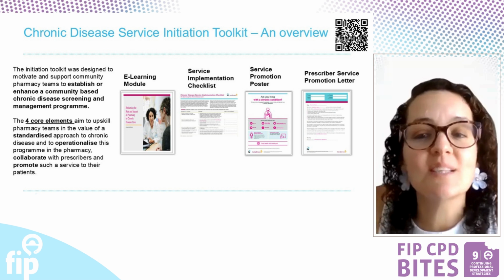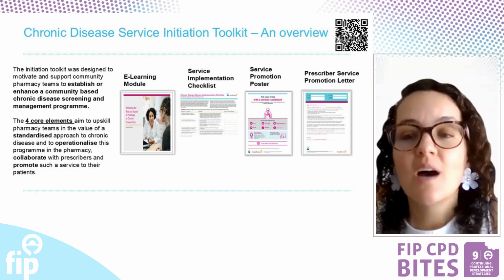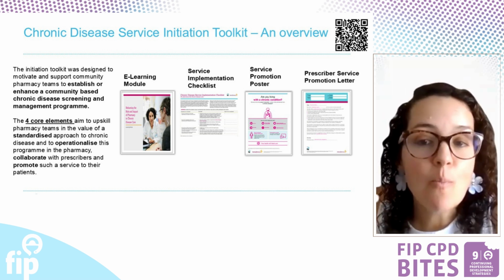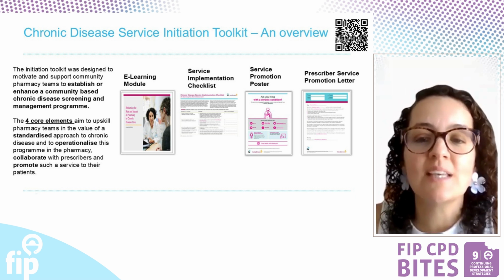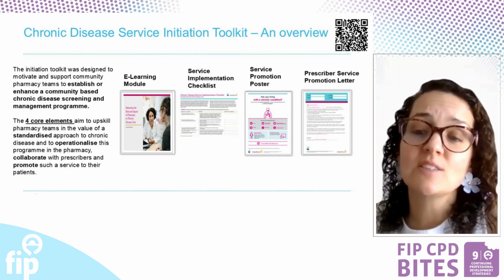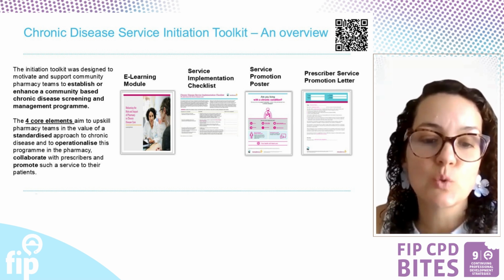This is a print-on-demand letter addressed and sent to a local prescriber outlining pharmacy-based chronic disease services and how partnership can enhance community health. I will now provide a more detailed overview of each element within the Initiation Toolkit.